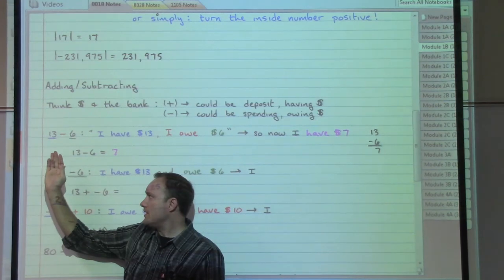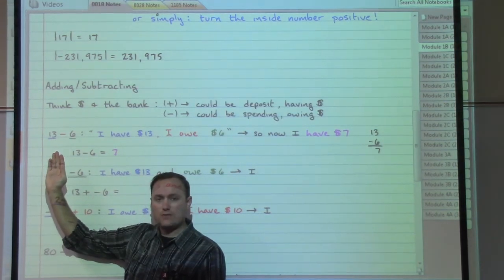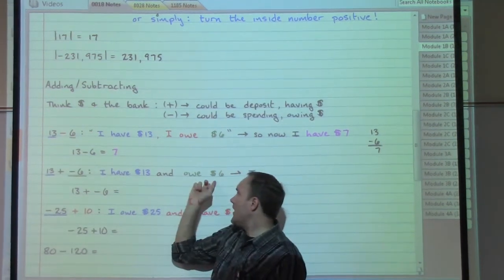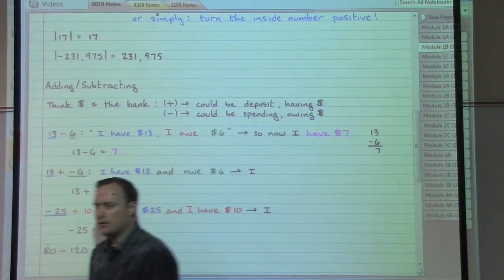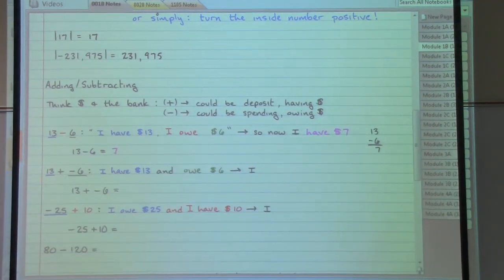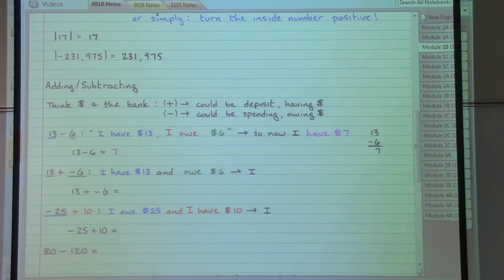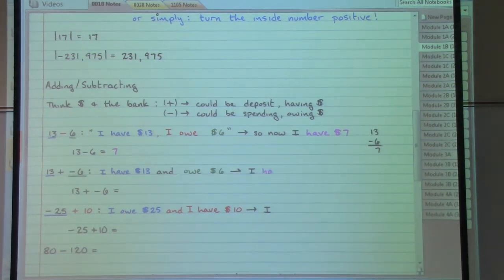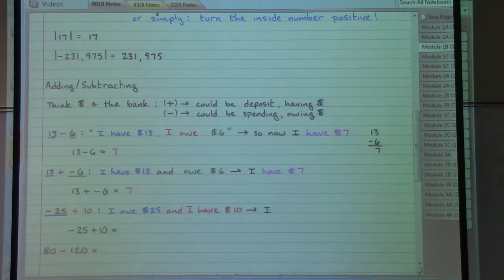Basically, the next number that I see here looks like a -6. So I owe $6. Well, this is the same money statement that we just gave. So it has the same answer that we just determined. I have $7, which means that my math answer, have means positive, so +7.